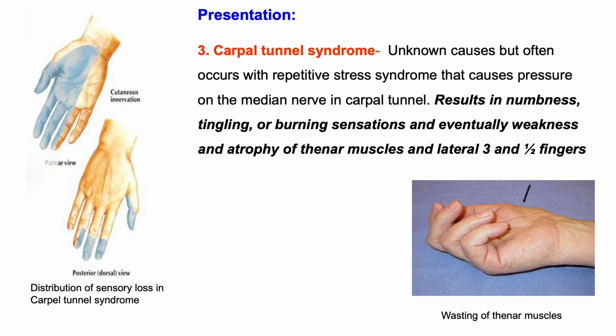sensation at the palmar region, because when I was mentioning the course of the median nerve, the palmar cutaneous branch, which is given at the distal part of the forearm, passes superficial to the flexor retinaculum. Since the palmar cutaneous branch goes superficial to the flexor retinaculum, it is spared, so it's not affected.